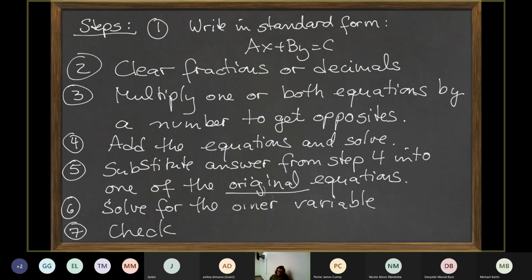You solve for the other variable, and 7 is check. You always want to check, because if you made a mistake, you can see that there.